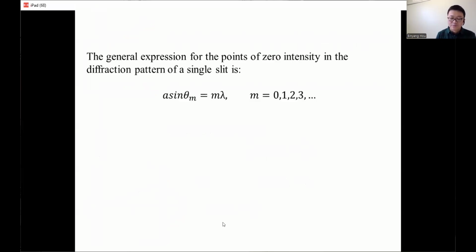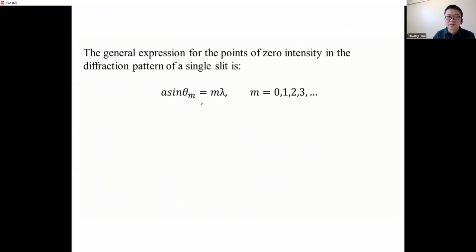So in general, for your minimum interference pattern, in this case we actually call it a diffraction pattern, because it's one single slit, a sine theta equals m times lambda, m equal to 0, 1, 2, 3, etc. Okay, so that's the order of diffraction patterns you are getting, but this is for the minimum, or dark fringes, or zero intensities.